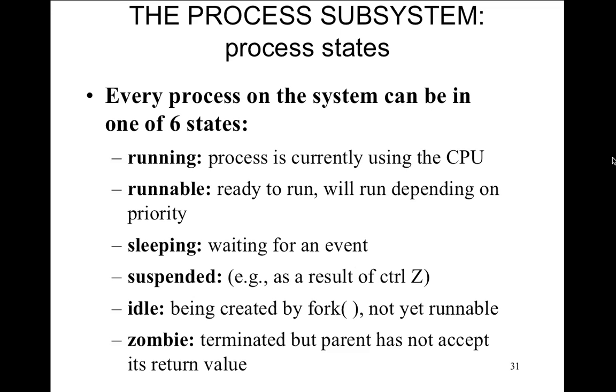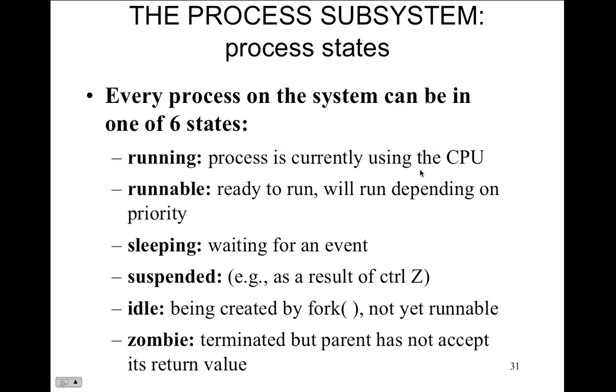And in order to do that, we have to juggle the process states, because at any one moment of time, not all the processes are going to be running. So for every process on the system, there can be up to 6 states. And these are generic. You could probably break this down into certain ones that exist more than others. It's running if it's currently receiving CPU time.